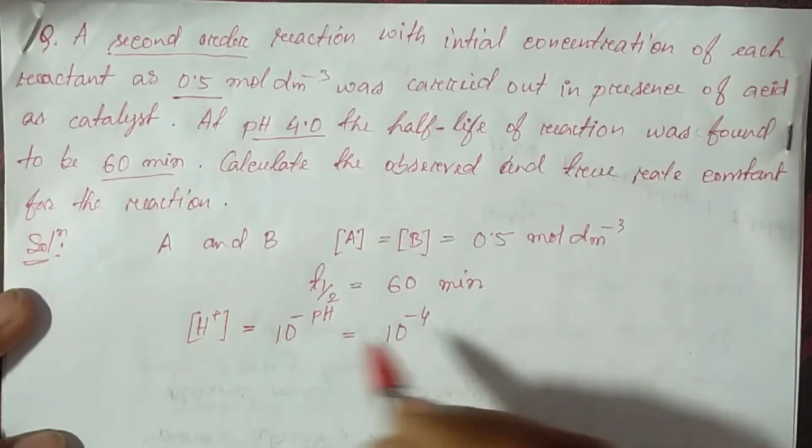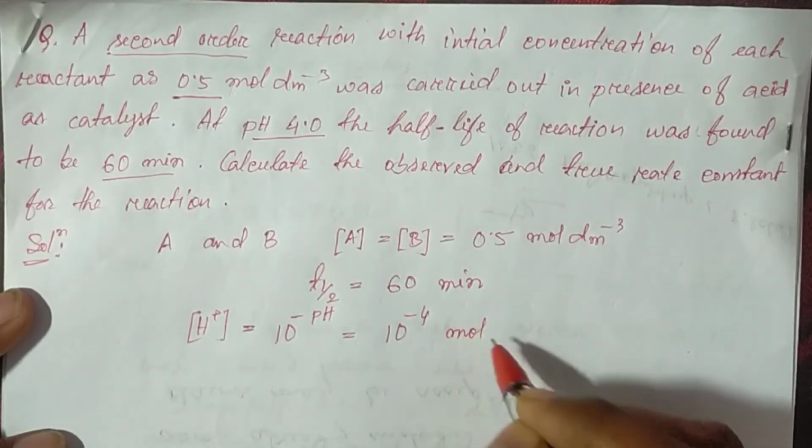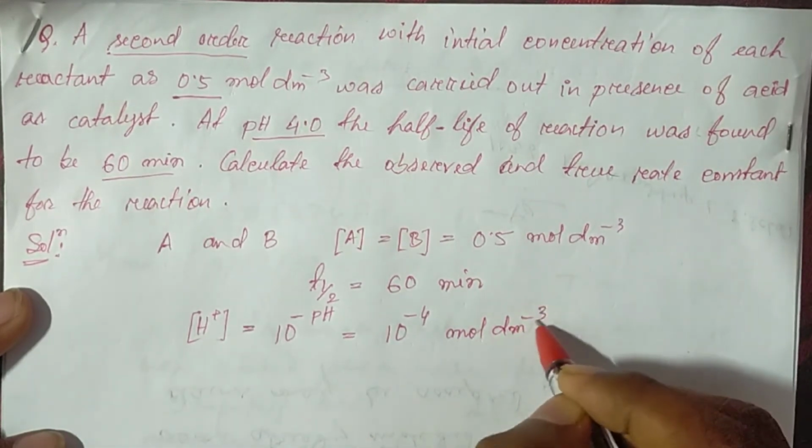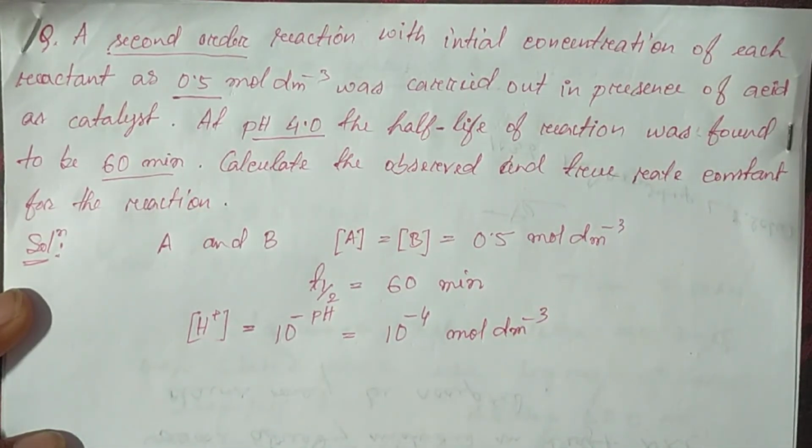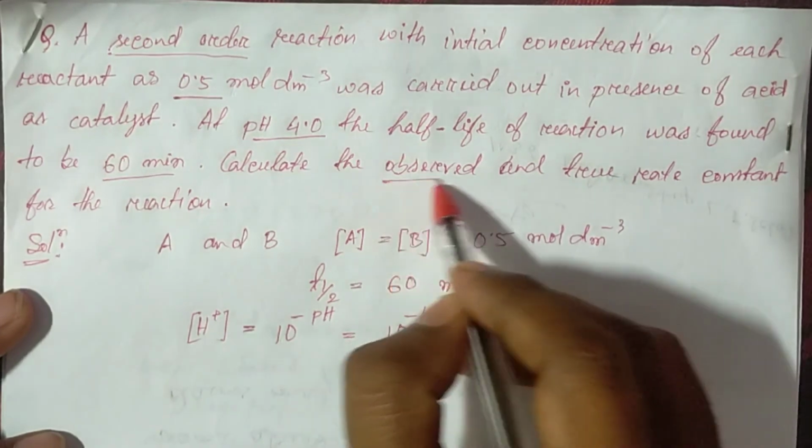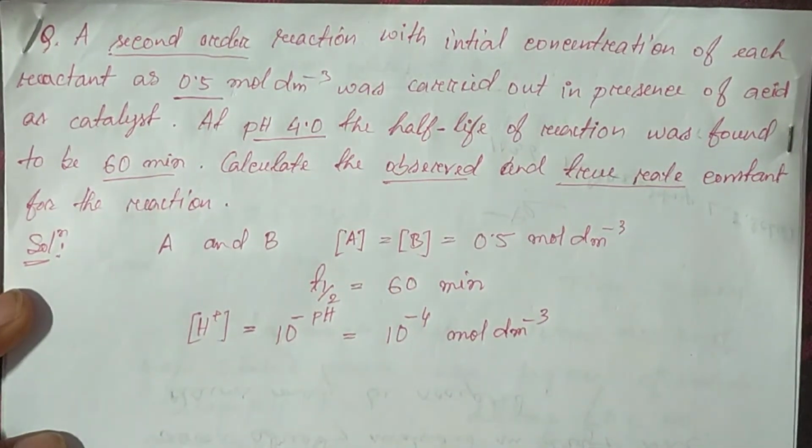It is in concentration, so it will be mole dm-cube inverse. Okay, so this is given. So for this question we have to find the observed and true rate constant.